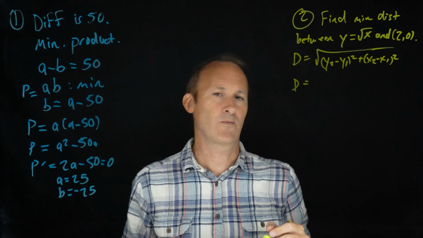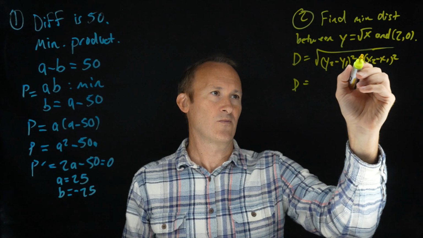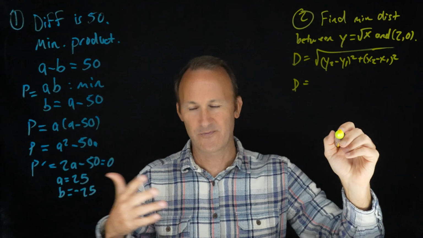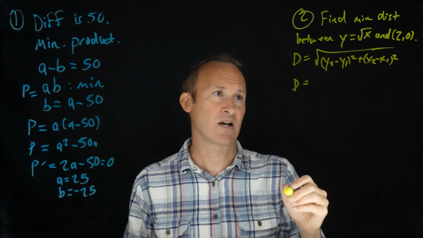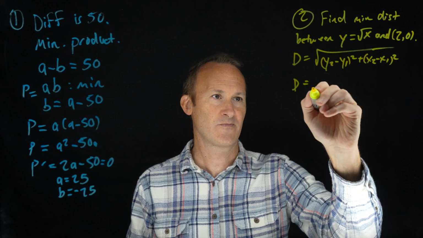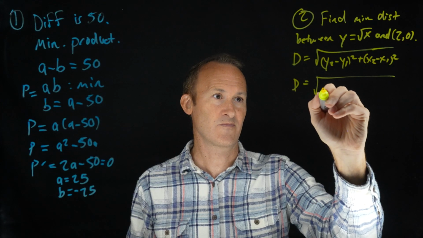What is y2? Well, we have x1, y1, x2, y2. Let's just go with the curve as our x2, y2. So the y2 would be the square root of x.